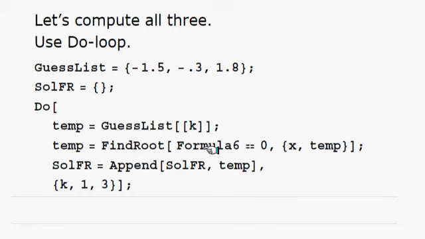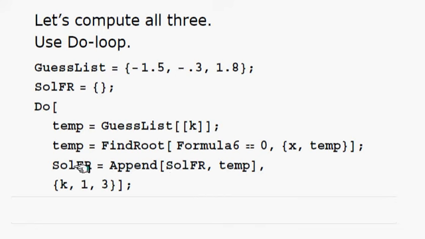So I record this solution from this FindRoot, which is in the substitution form, here again in temp. And then this is the list, solFR, and we append that solution to that list as an element. Then you have to use this command Append.